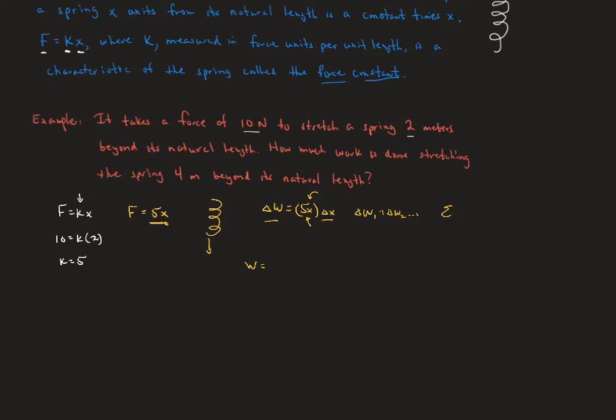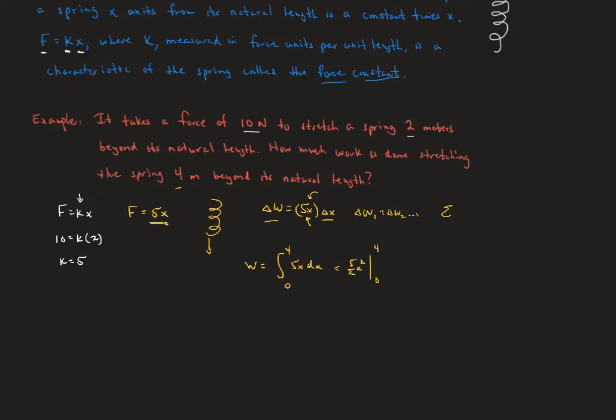And so the work done is going to be that integral of our force function, and that delta x is going to become a dx, and we're summing that from 0 to 4 meters beyond the natural length of that spring. And so we can do that. That's going to be 5/2 x squared going from 0 to 4.